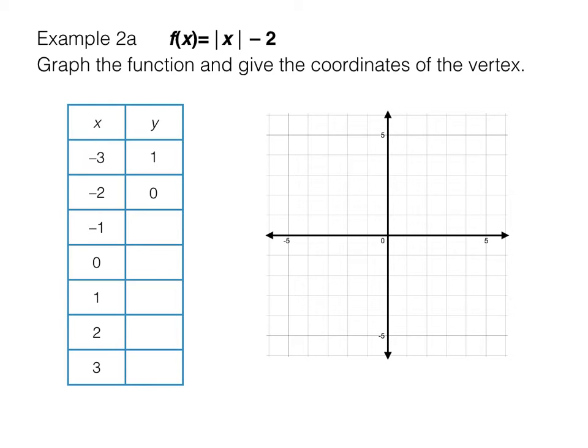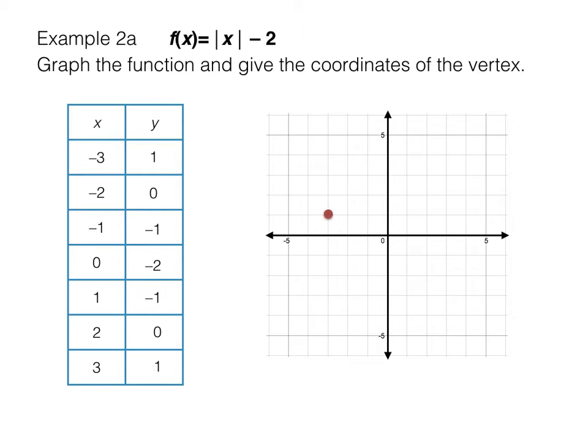The absolute value of -1 is 1. 1 minus 2 is -1. Absolute value of 0 is 0. And 0 minus 2 is -2. The absolute value of 1 is 1. 1 minus 2 is -1. The absolute value of 2 is 2. Minus 2 is 0. Absolute value of 3 is 3. And 3 minus 2 is 1.